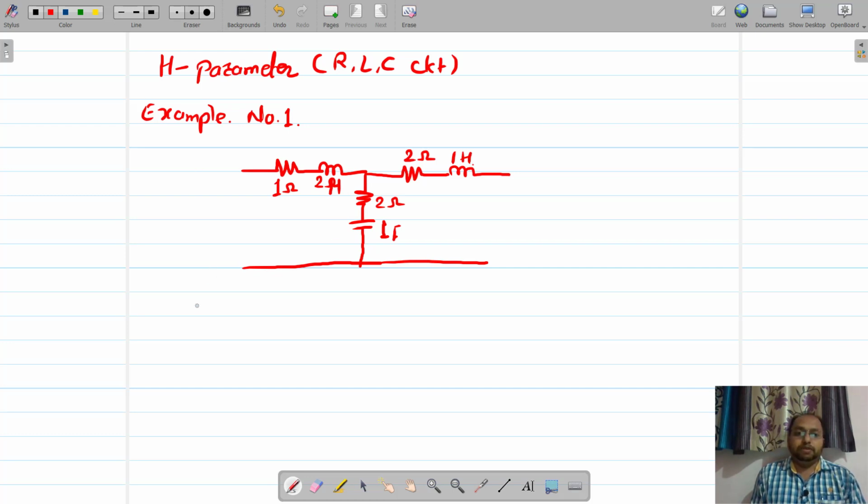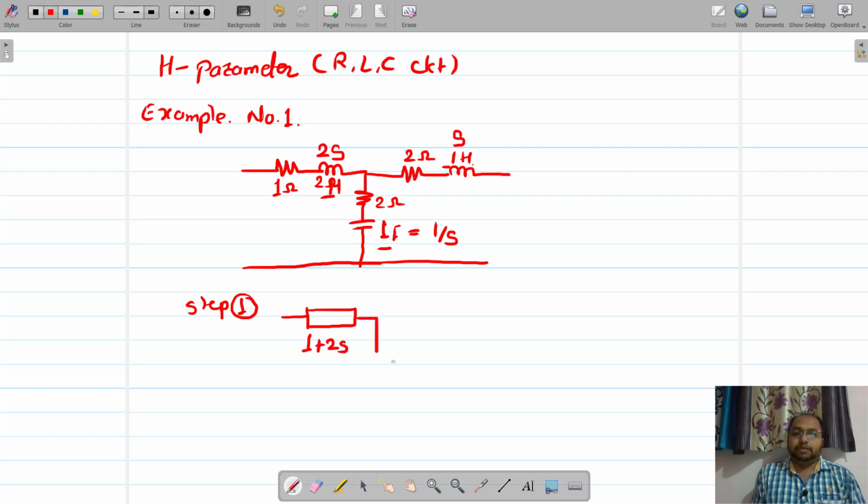So step number 1 is what? You need to replace inductors and capacitors by S values. As this is the inductor, you are going to write it as 2S. As this is the capacitor, you are going to write it as 1 upon S. This is also an inductor, so you write it as S. So you are going to modify this circuit diagram like this. It is going to become 1 plus 2S, isn't it?